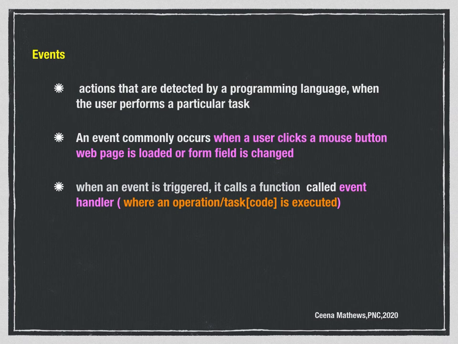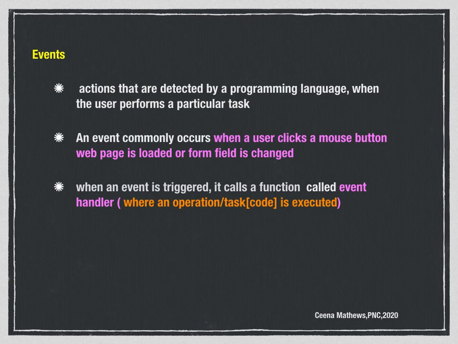So, events are actions that are detected by a programming language when the user performs a particular task. An event commonly occurs when a user clicks a mouse button, when a web page is loaded, or when a form field is changed.